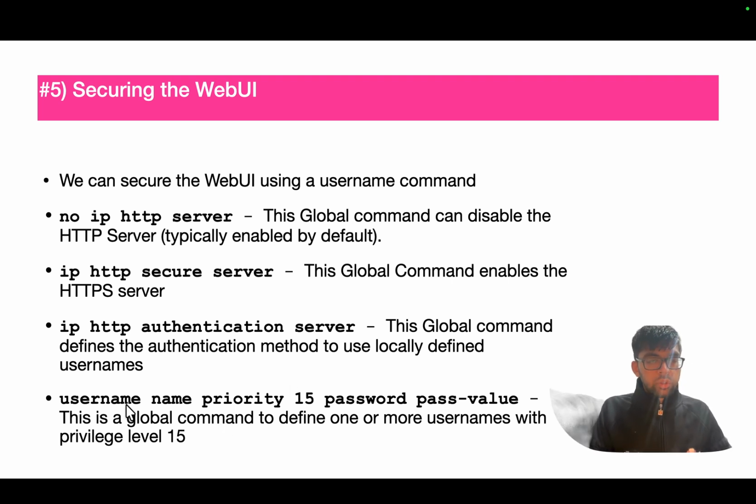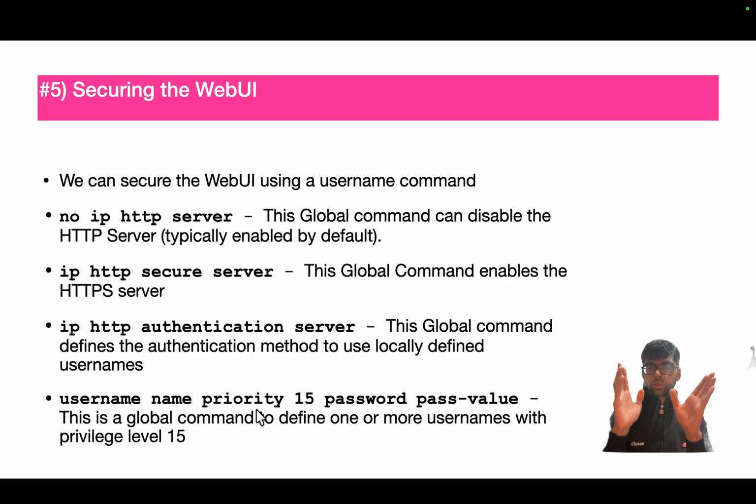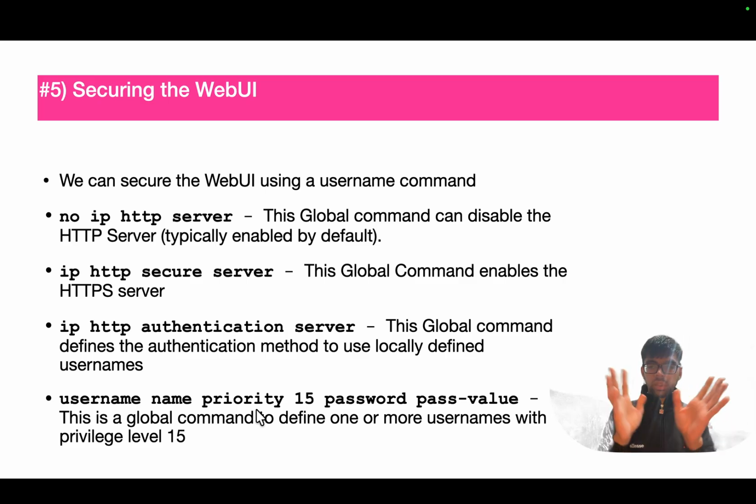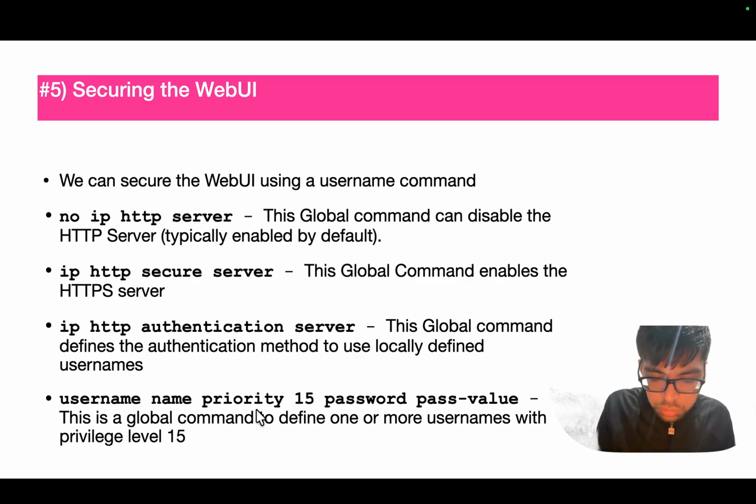So if you were to specify, for example, username Sam privilege 15 password Ottawa, this will define the privilege level as 15, and that's very important, because you have two modes when it comes to the web UI: 0 and 15. And 15 is basically unrestricted access to the web user interface. So 15 will give you that full, global access to the web user interface.